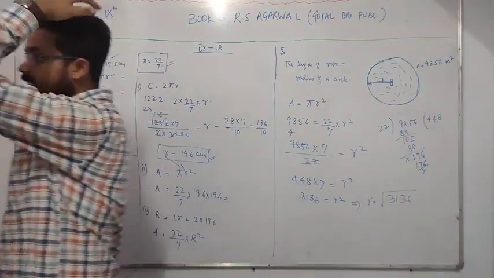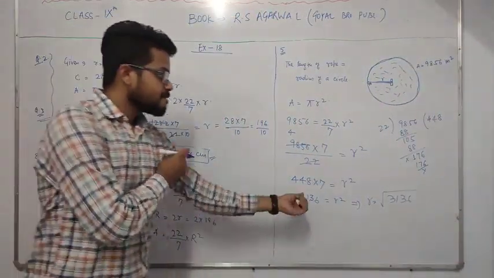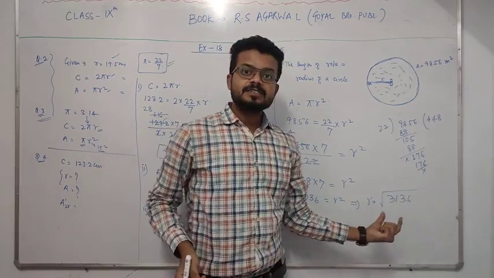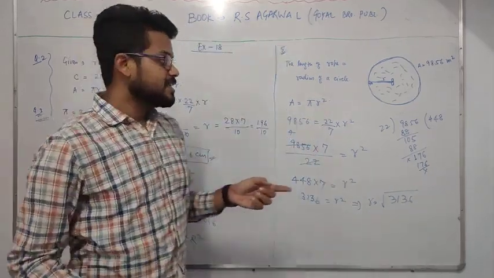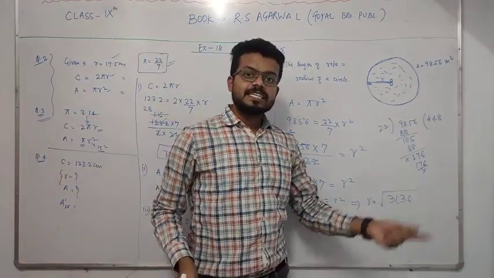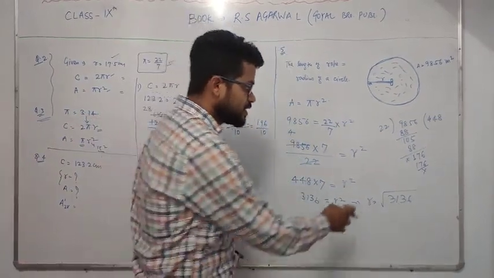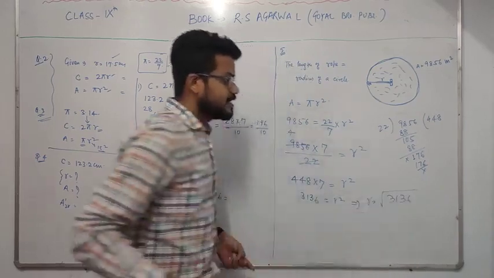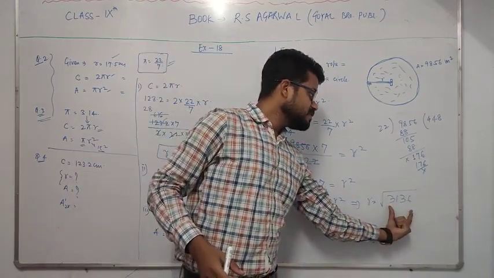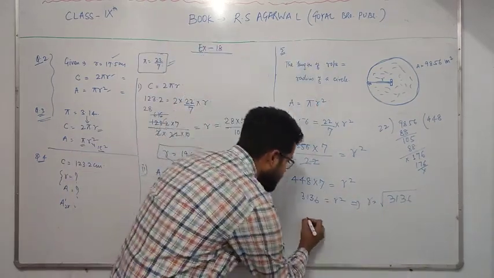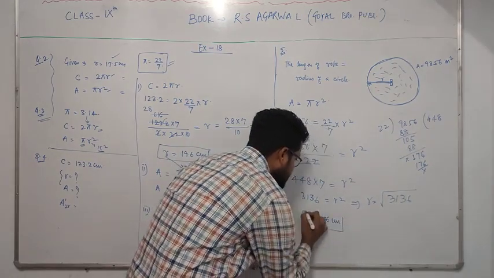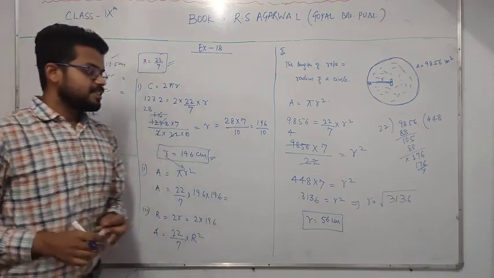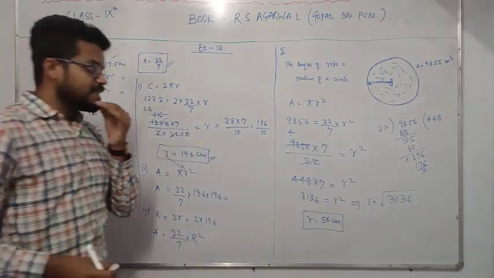The square of 50 is 2500, and the square of 60 is 3600. So the square root of 3136 is what? r is equal to 56 centimeter.